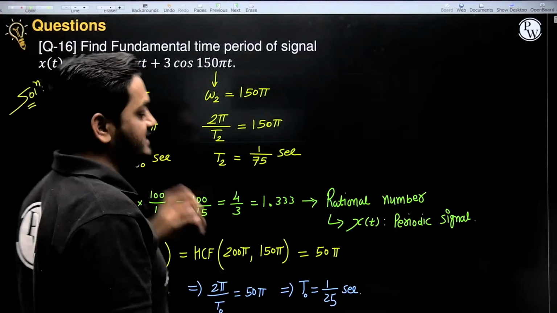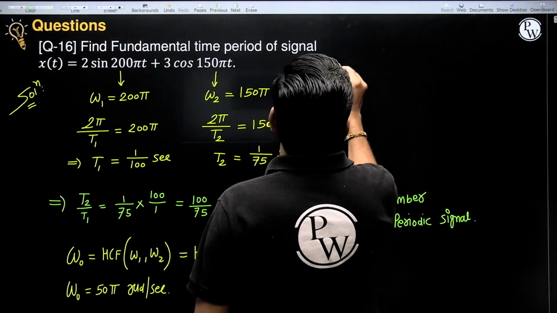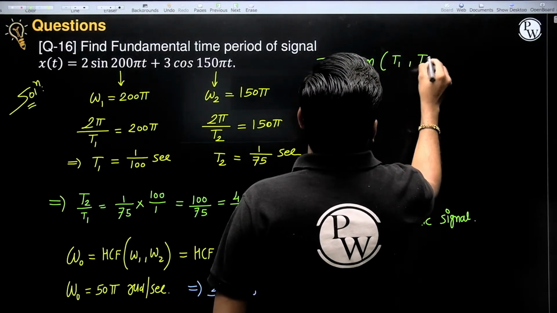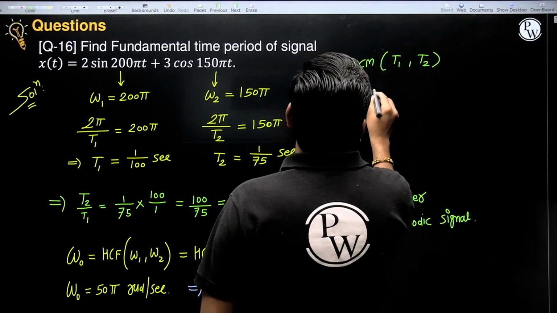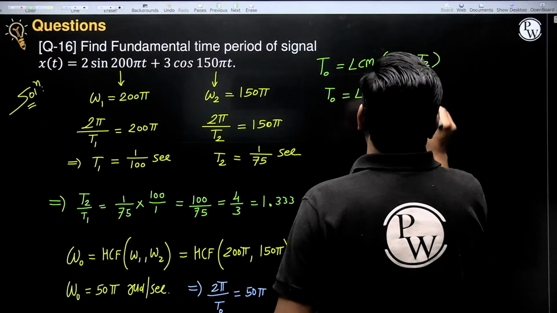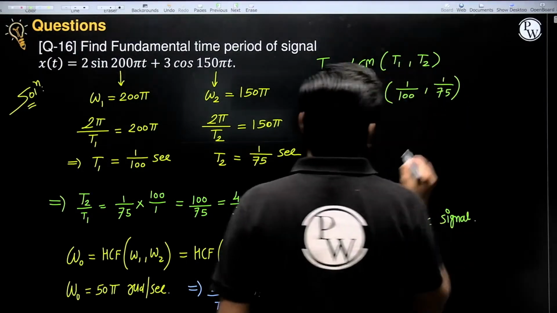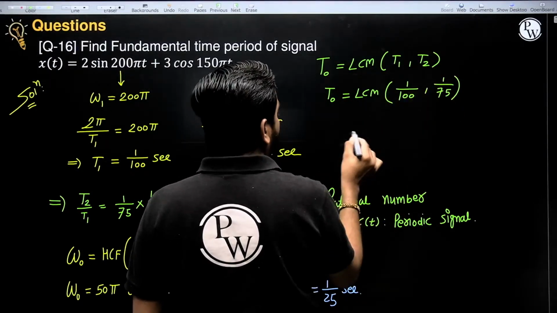Now using LCM also we can find the fundamental time period. The fundamental time period is equal to the LCM of the individual fundamental time periods T1 and T2. T0 is equal to the LCM of 1 by 100 and 1 by 75. So how to find the LCM of P1 by Q1 and P2 by Q2?